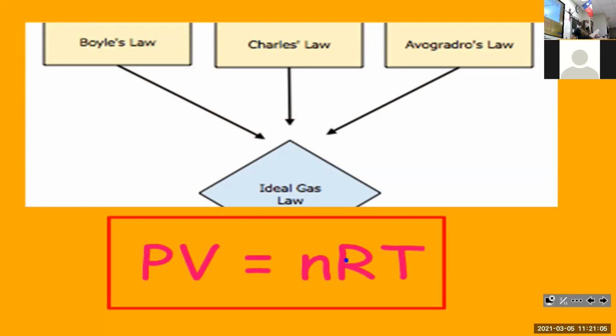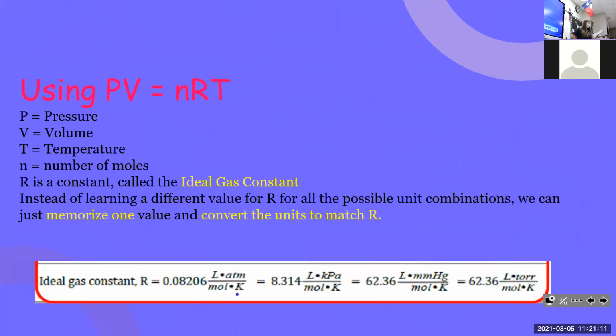So P is pressure. Remember, pressure can be atm, mmHg, or kPa. So it can be any of those 3 in these equations. V has to be in liters. So volume in units of L. n has to be in moles.